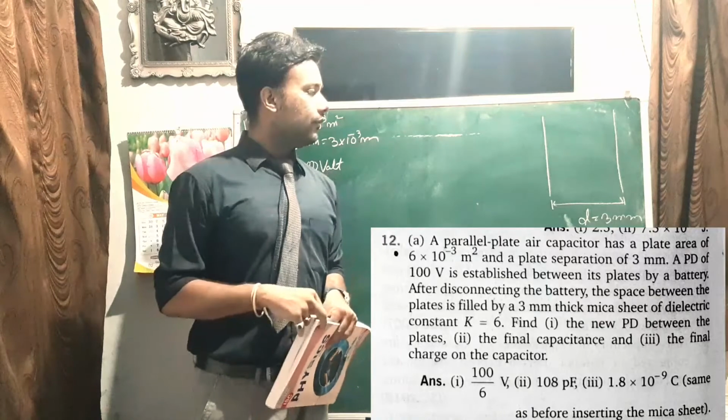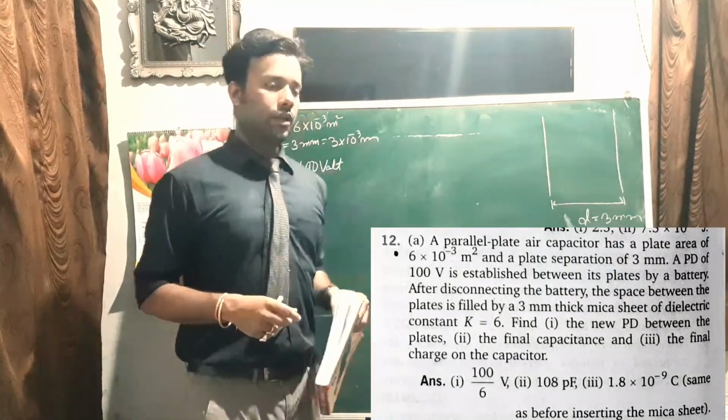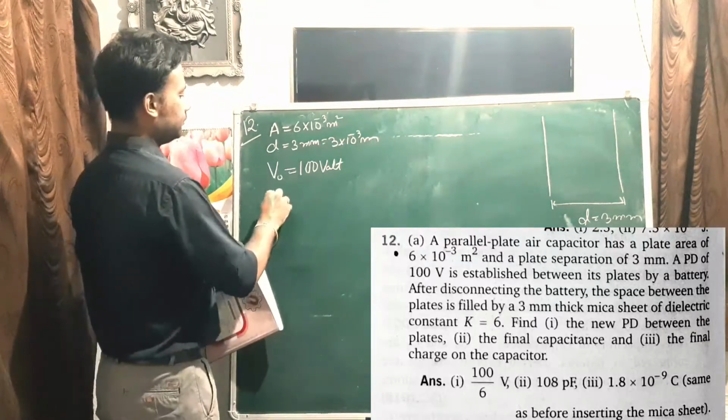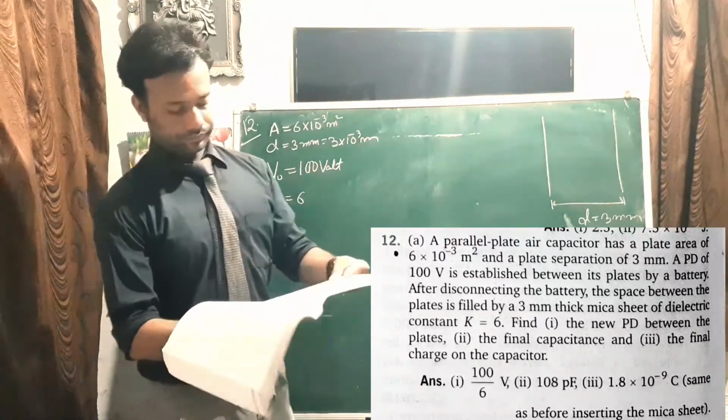It means we have filled the complete space between the plates. So what is the value of K? It is 6, right?